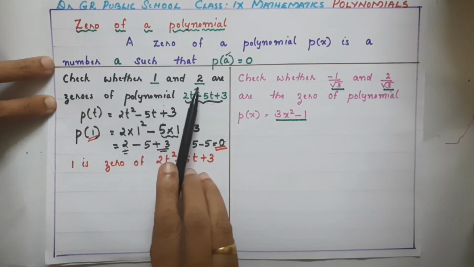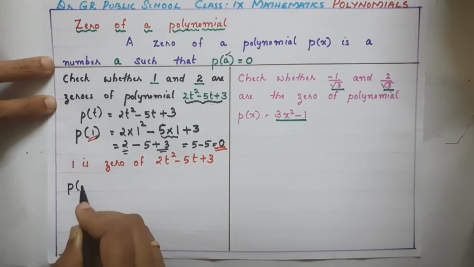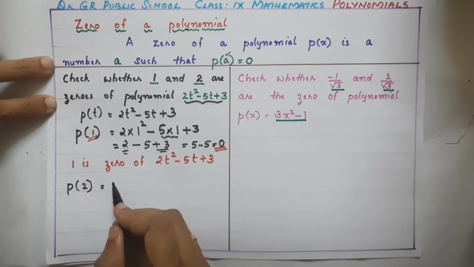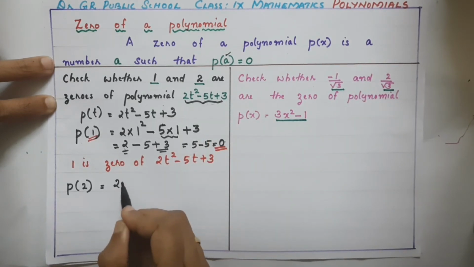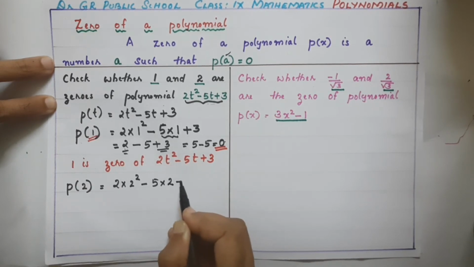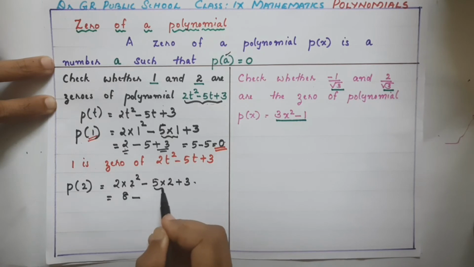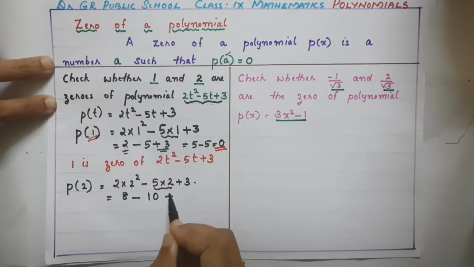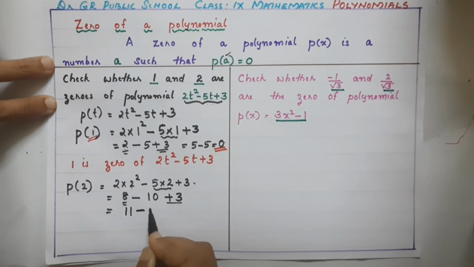Now what do we have to verify? We have to verify 2. So P(2) we have to find out. The polynomial is 2t square minus 5t plus 3. So 2 into 2 square minus 5 into 2 plus 3. What is it? 2 square is 4. 4 into 2 is 8. Then minus 5 into 2 is 10, plus 3. So 8 plus 3 is 11, minus 10.